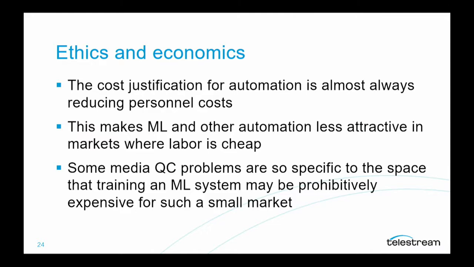The other issue, when we look specifically at media QC, is that it's a fairly small market in global terms, and if I have a QC problem that I know I can solve with ML, it may actually not be economically viable for me to invest the money in training and building the ML for that specific problem if it's very specific to, say, a media QC space.